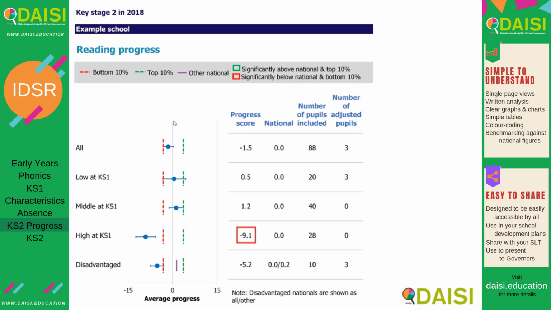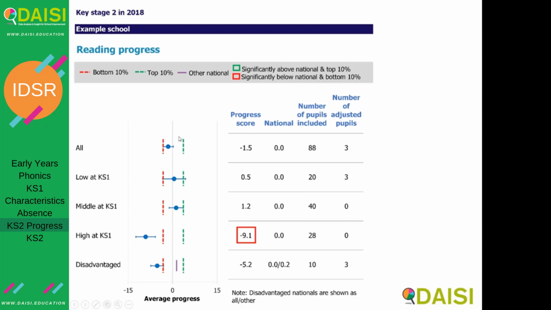But average is actually a good thing. Around 60% of schools on any particular subject will be average. So that is in line with the national. If, however, the entirety of the shape is to the right, then you're significantly above. If the entirety of the shape is to the left, you're significantly below. But if it so much as touches, you're average, full stop.